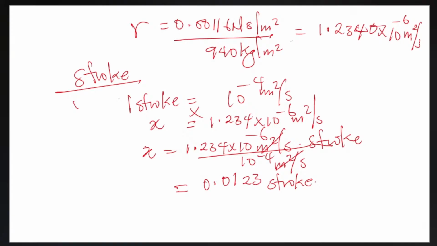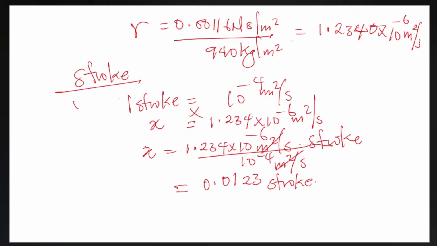Now remember, we're to convert this to centistrokes. This is already in strokes, so we are converting this to centistrokes. Now to convert any value to centistrokes, we know that 1 centistroke is equivalent to 100 raised to the power of minus 1 strokes.